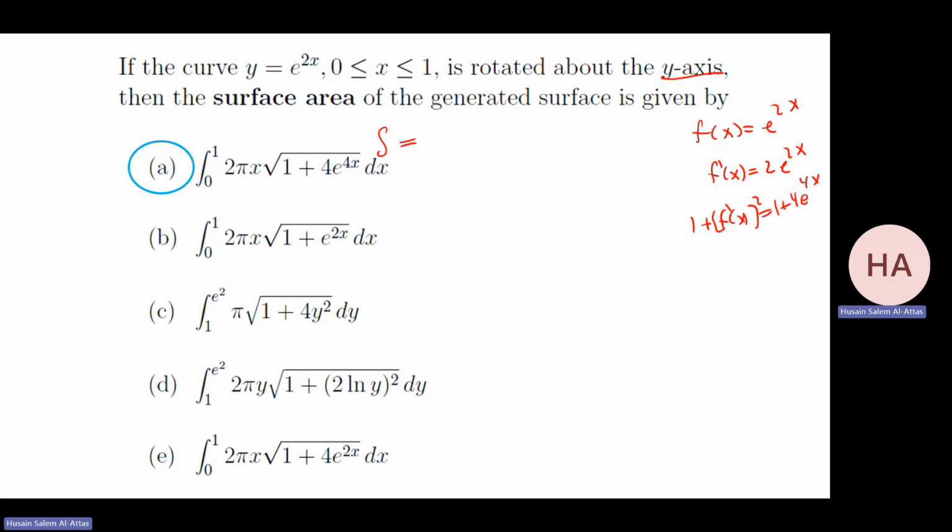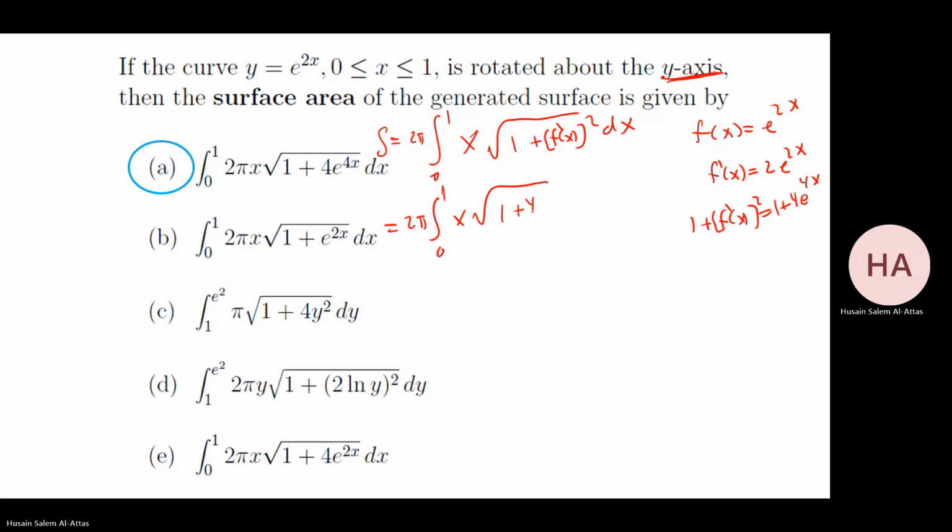S will be integral from 0 to 1 of 2 pi x square root of 1 plus f prime of x all squared. x, because I have the y-axis. So that will be 2 pi x. I will leave the x times the square root of this, which is this.